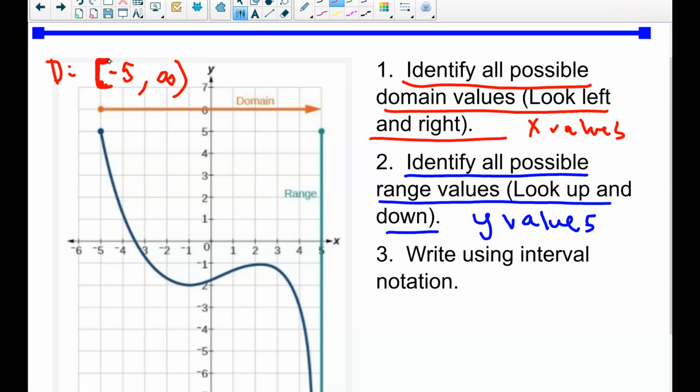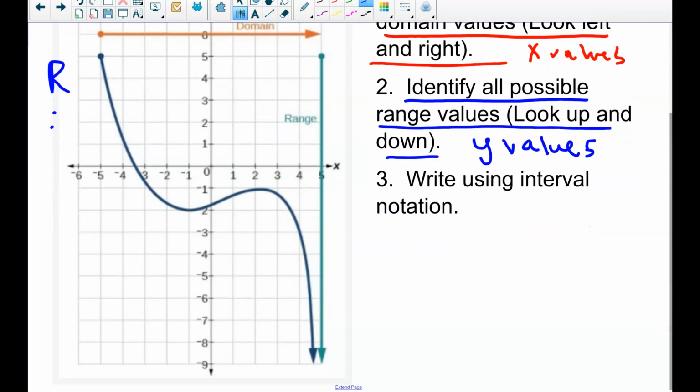If we're looking at our range for this one, again, same thing. There's a closed dot up here, a closed dot at our upmost value for our y values, but then it continues on with that open arrow that continues on forever and ever. You can see that teal line representing the range here. So my range for this one again would be a closed number at, I need to delete that.